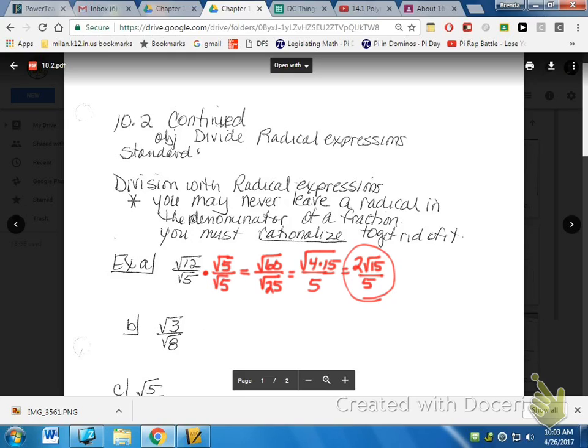So, radical 3 over radical 8. I'm going to multiply top and bottom by what? Radical 8. So the top would become radical 24, and the bottom would become radical 64. The 64 is the easiest. What's square root of 64? Okay, 8. So there we succeeded in getting rid of the radical in the denominator. The 24, you break it apart, perfect square and another factor, which would be 4 times 6.